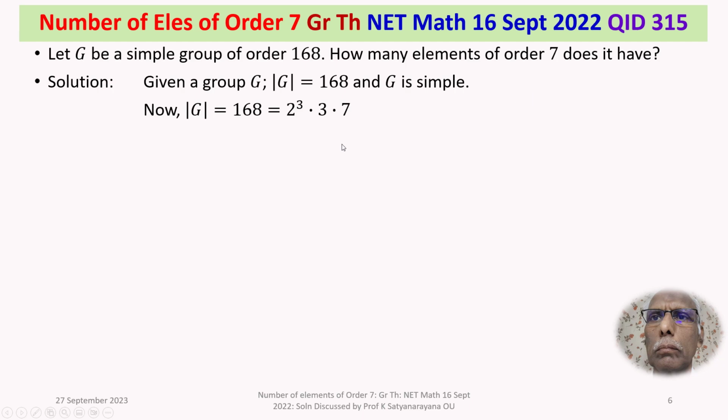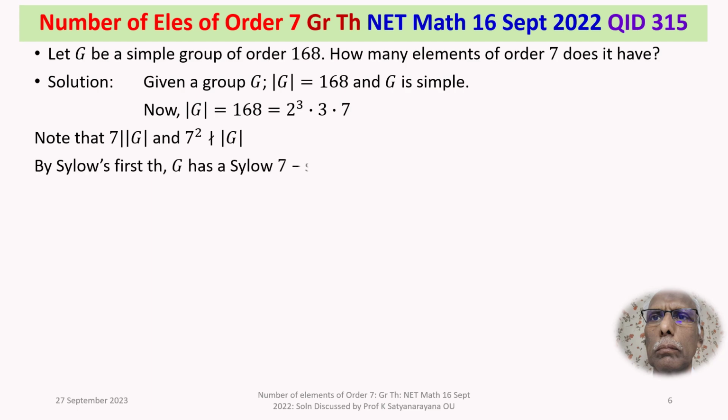So it suggests that you talk about the Sylow 7 subgroups of G. Note that 7 divides order of G and 7 square does not divide order of G. Then we recall Sylow's first theorem. By Sylow's first theorem, G has a Sylow 7 subgroup of order 7.